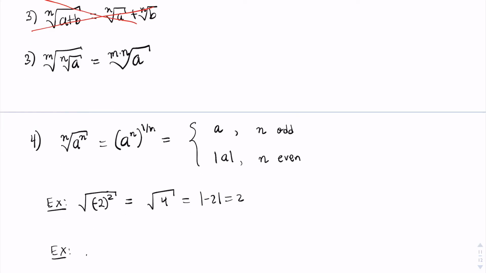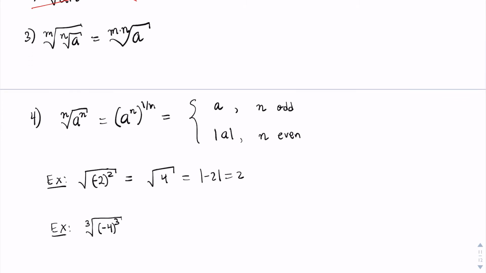And then what about this as another example? Let's put the cube root of negative 4 to the third power, like this. What do you think this is going to equal? Now it's odd. We're considering the odd case. This will just be negative.